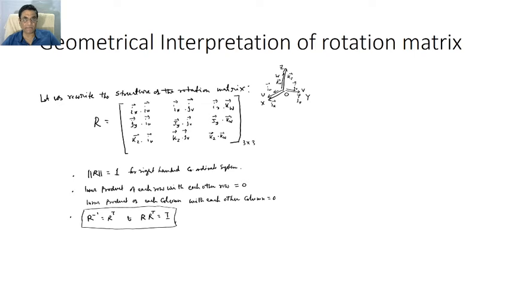Similarly, this is the projection of the body coordinate frame with respect to the y-axis of the inertial coordinate frame, and the projection of the body coordinate frame with respect to the z-axis of the inertial coordinate frame.